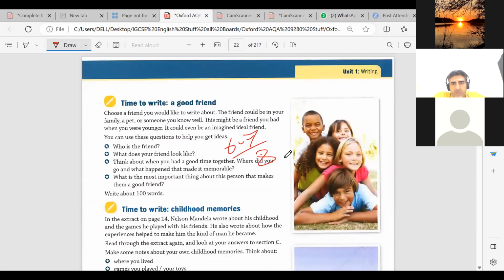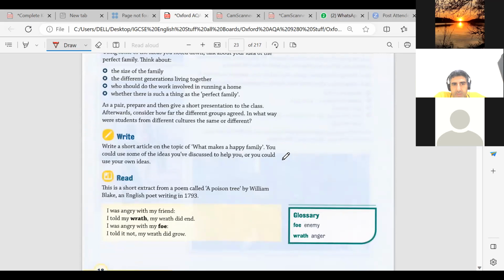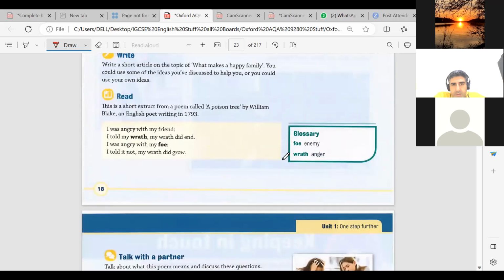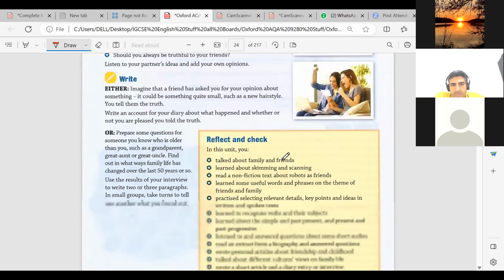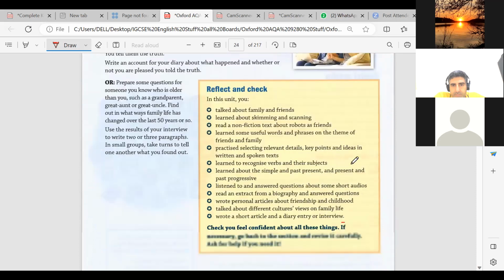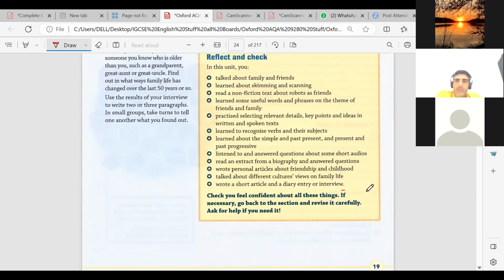Okay? So what did you study today, shabab? Grammar focus and listening focus. Yes, the listening paper outline and the listening.